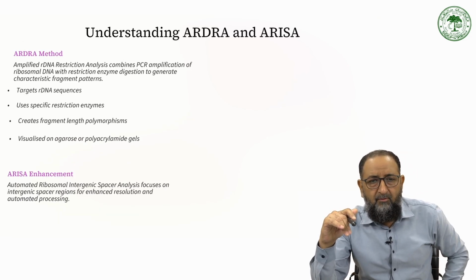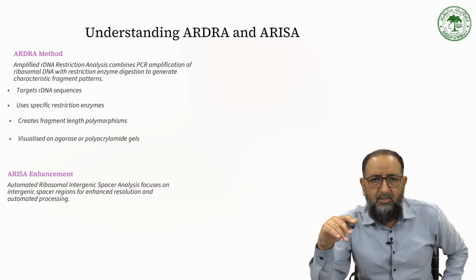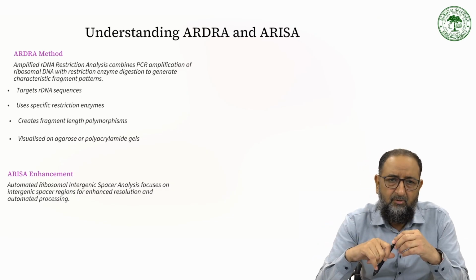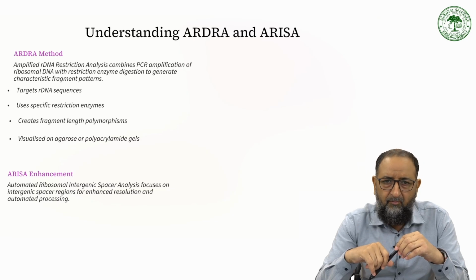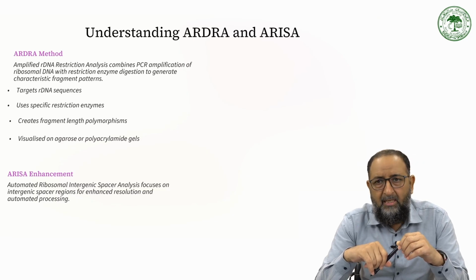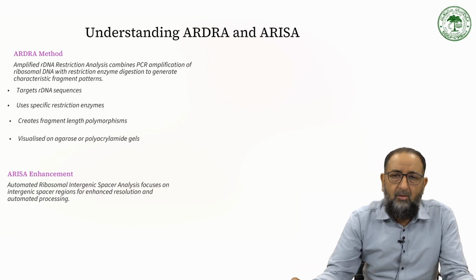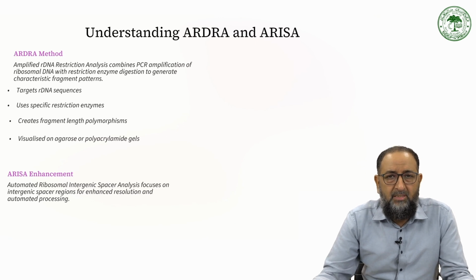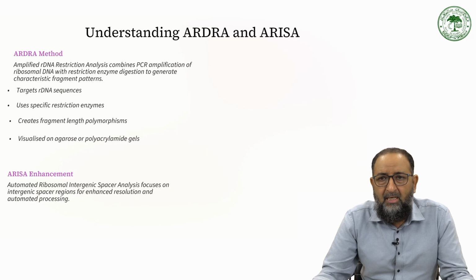Now we have another topic starting here. This is my second lecture, where we will be talking about understanding ARDRA and ARISA. In the earlier talk, we talked about DGGE and TGGE. Here we talk about ARDRA and ARISA.